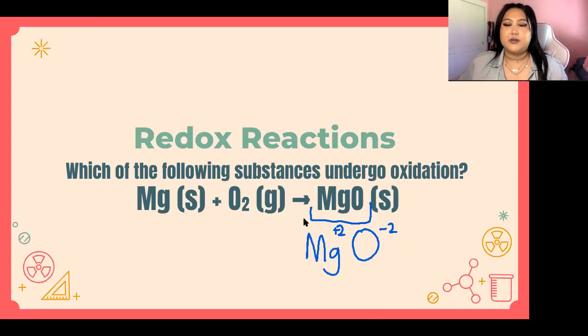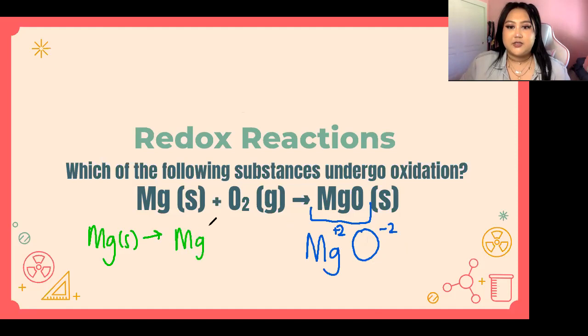Okay, so breaking them down into the half type of reaction, so Mg would turn into Mg2 plus. And since this is in its elemental form by itself, what does that mean the charge is again?